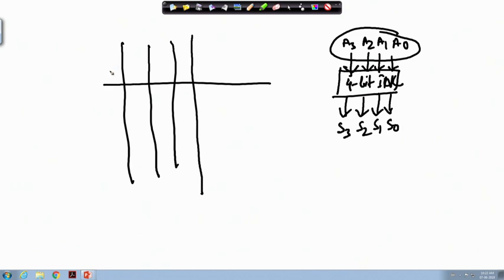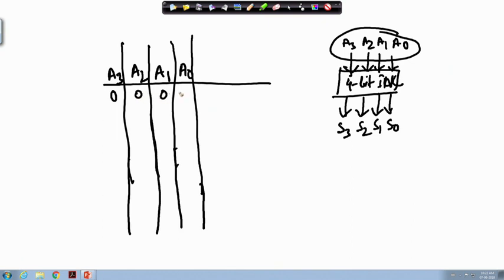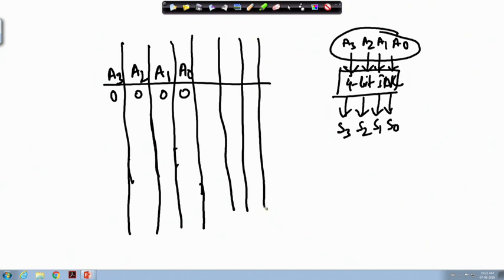Now these are the 4 input bits, so a total of 16 combinations I will get. I start with 0 0 0 0 and on the side mention the output, what will be the output for the corresponding input.